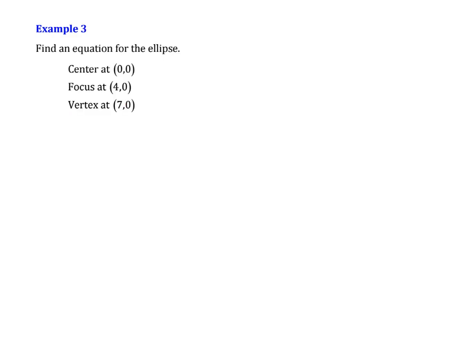Now let's take a look at an example where a description is given and we have to find the equation. So to help us out here, I would do a quick sketch still. So our center is at 0, 0. We have a focus at 4, 0. And then we have a vertex at 7, 0.